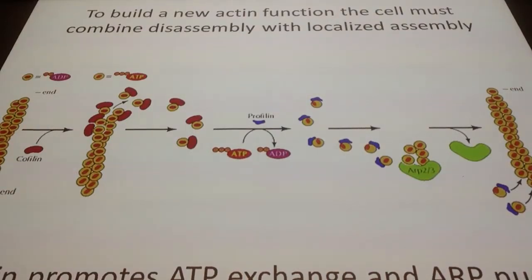For instance, if you want to form a microvillus, then you better have all of these conditions right at the plasma membrane area where the microvillus has to form. And if you have a lot of ATP-bound G-actin toward the nucleus, it doesn't matter, because that's not where the microfilaments are going to be formed.